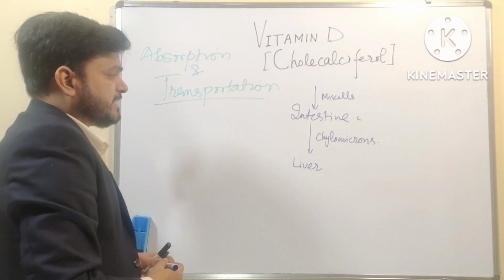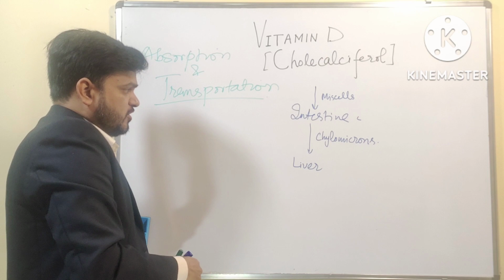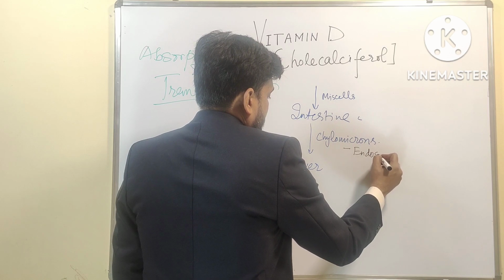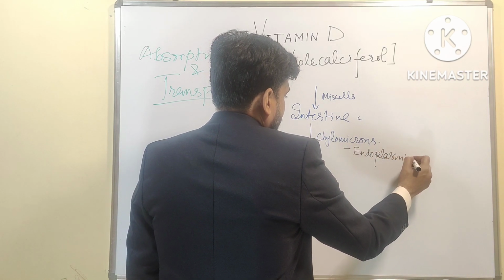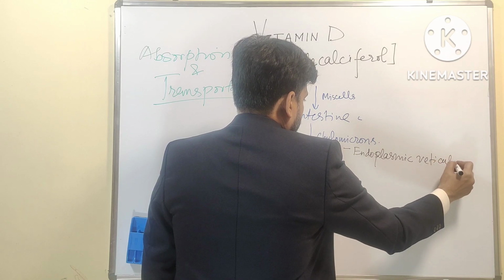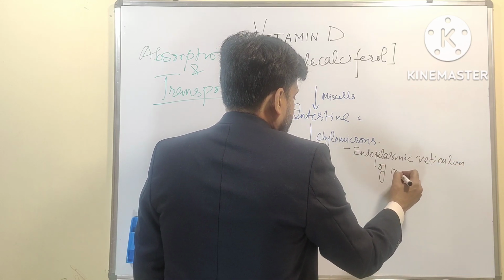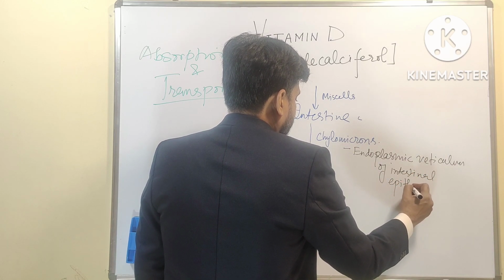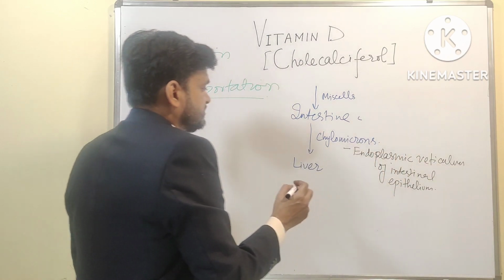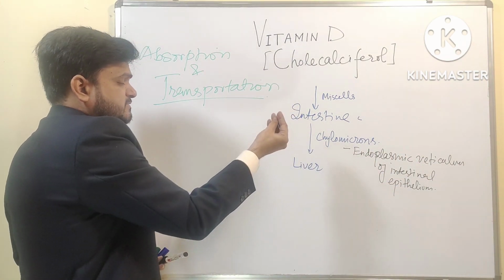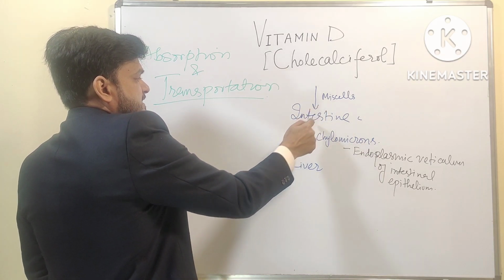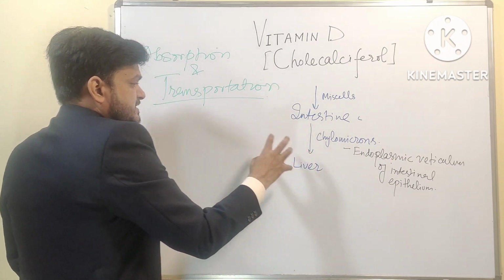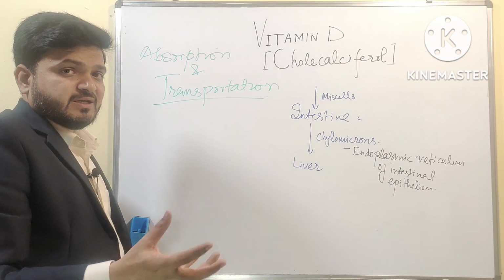right? And what are chylomicrons? How do they form? Chylomicron is formed in the endoplasmic reticulum of the intestinal epithelium, and we all know that micelle is a fat bubble which is absorbed in the intestine, and after processing in the epithelial cell it is changed into chylomicron, which is nothing but processed lipids, right?